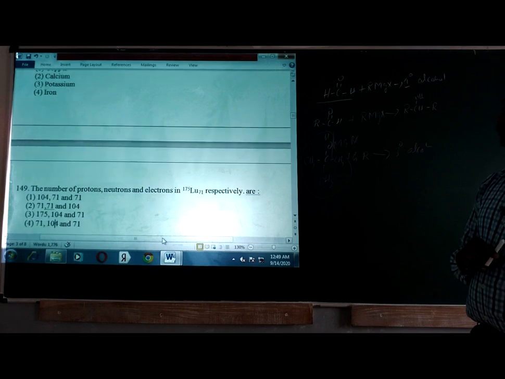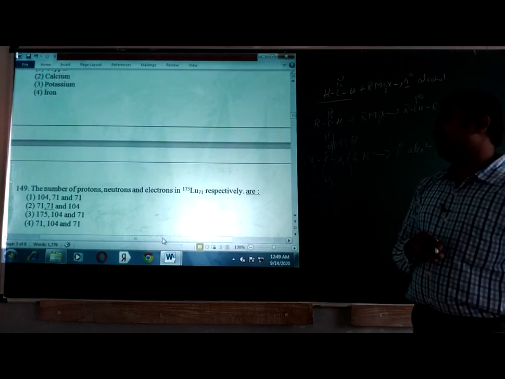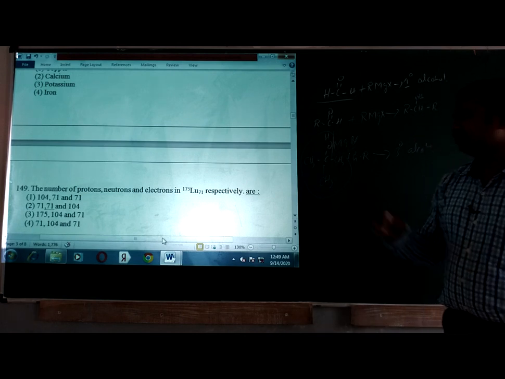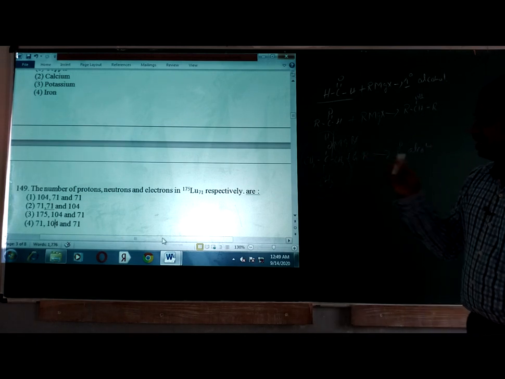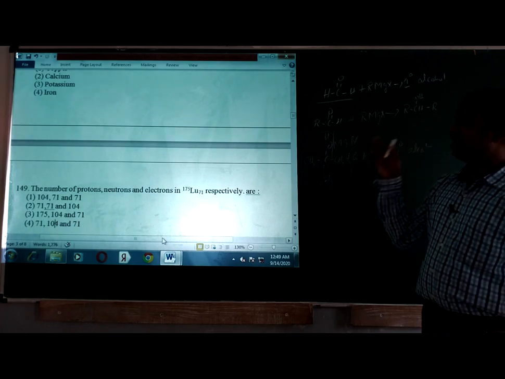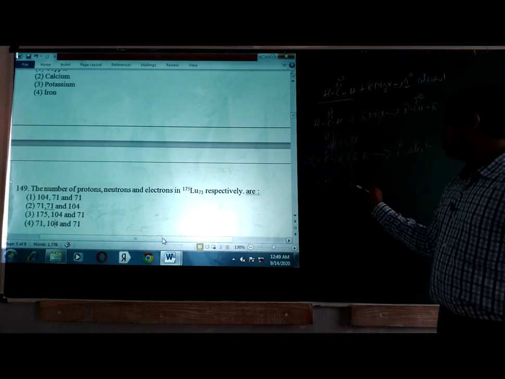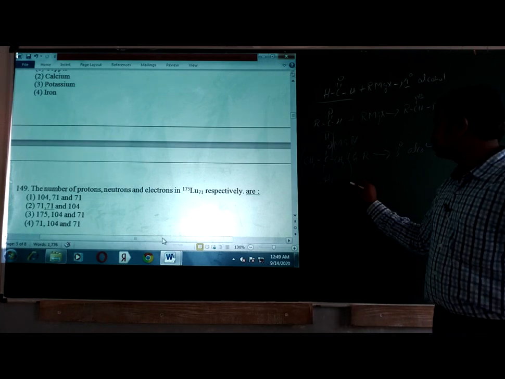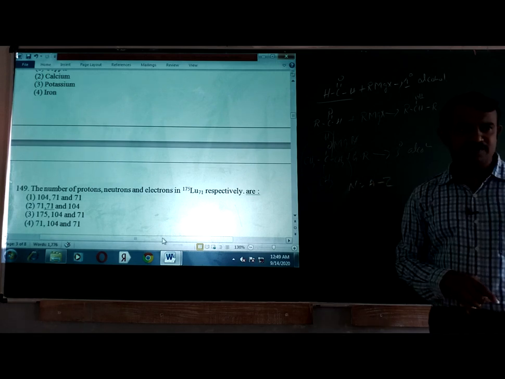Next one: the number of protons, neutrons and electrons in lutetium. They give the atomic number and atomic mass. Here you can calculate N equals A minus Z to get the number of neutrons.